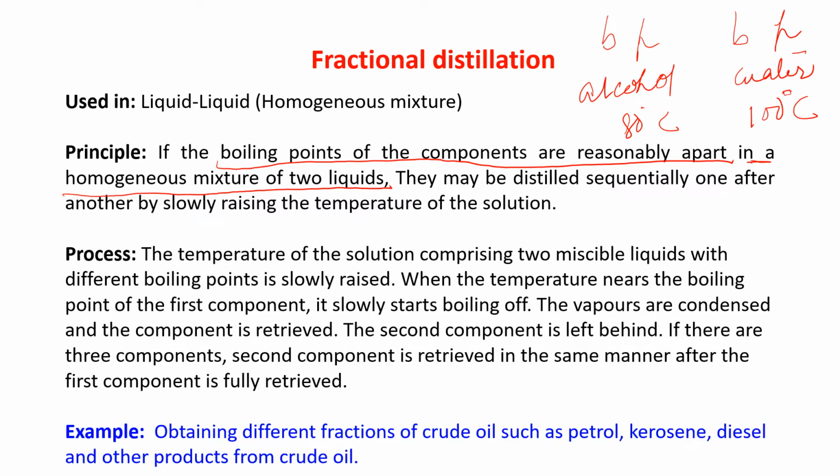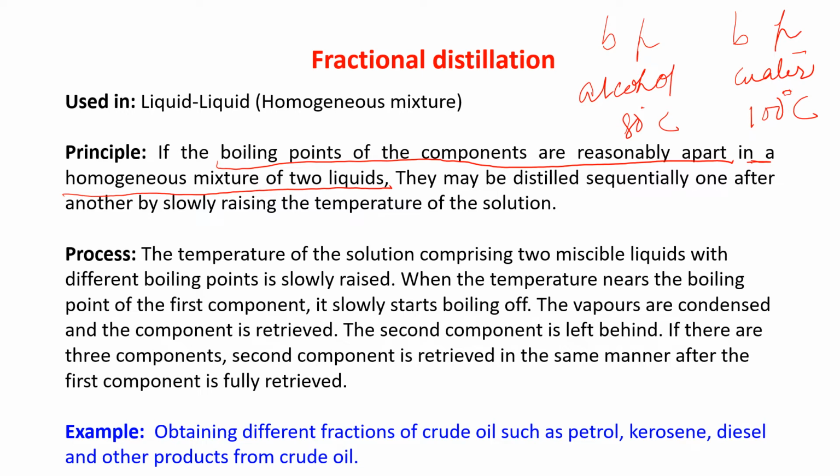It will come out first and condense first, changing into liquid, and that liquid will collect in a beaker. That will be alcohol. As soon as you see the temperature start rising, you remove the heat, and the water you will get in the round bottom flask. Now you can separate two liquids.